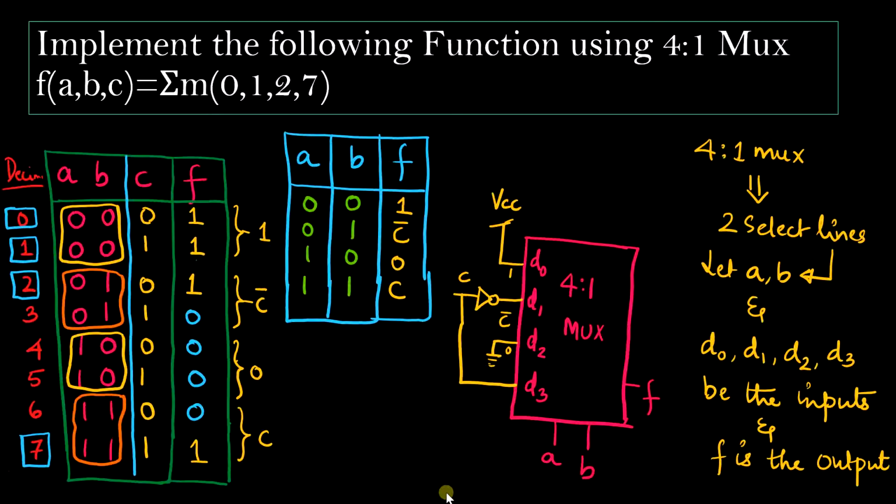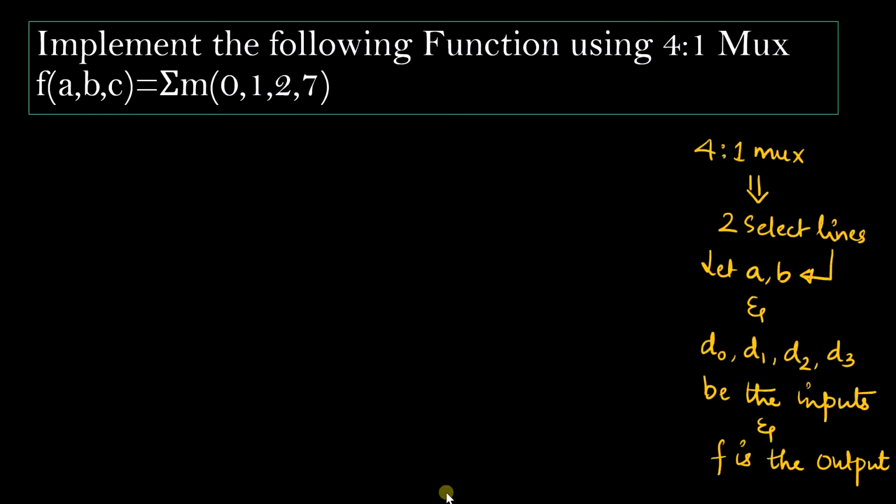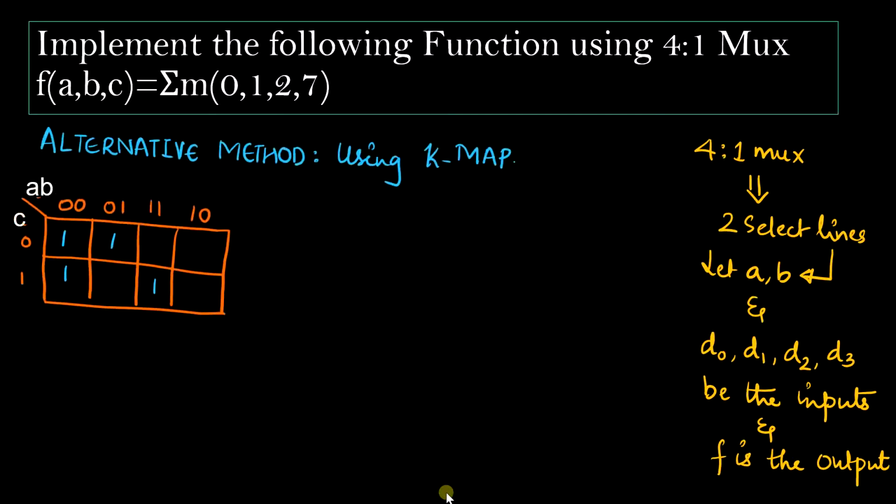The same numerical can be solved in another alternative method using the Karnaugh map. So here is an alternative method wherein I am going to consider the Karnaugh map and map the minterms. Now this Karnaugh map will have D0, D1, D3 and D2 on the top.